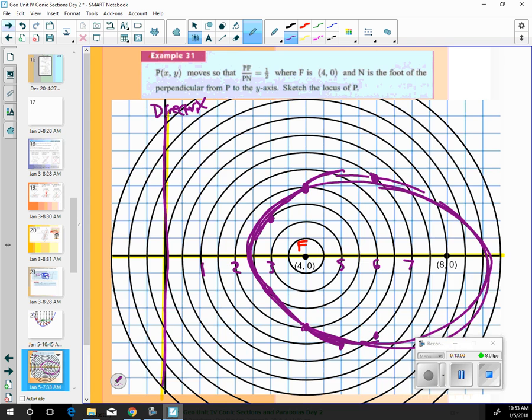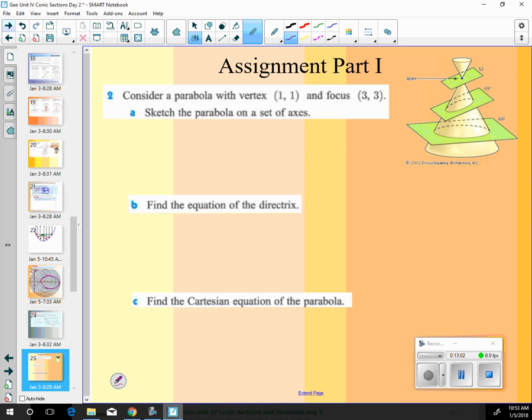So for the next couple minutes, consider a parabola with vertex 1, 1 and focus 3, 3. Sketch the parabola on the set of axes. Find the equation of the directrix and find the equation of the parabola. Okay, so let's do a little drawing here.